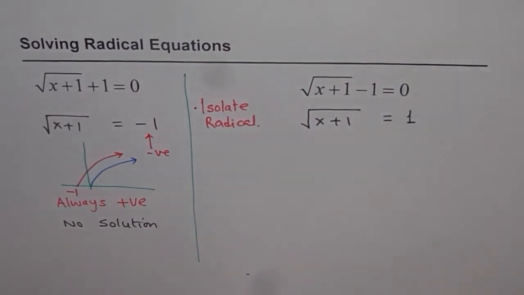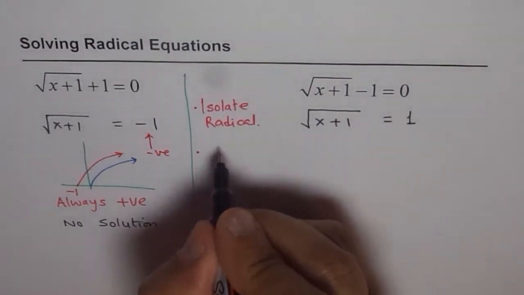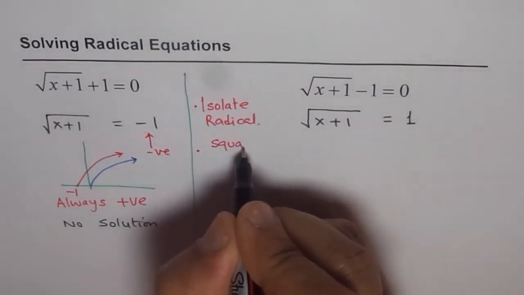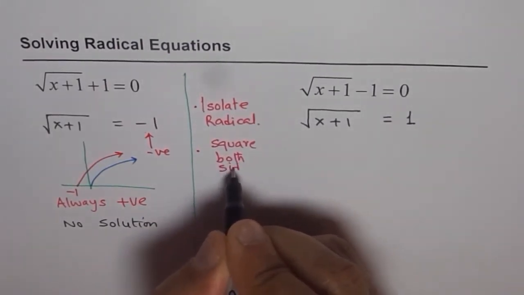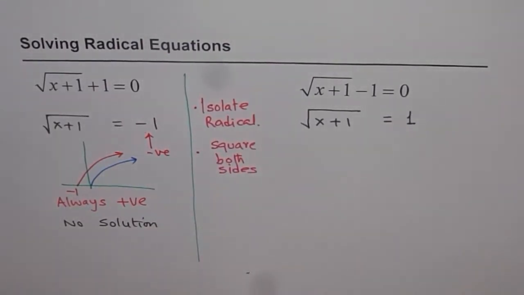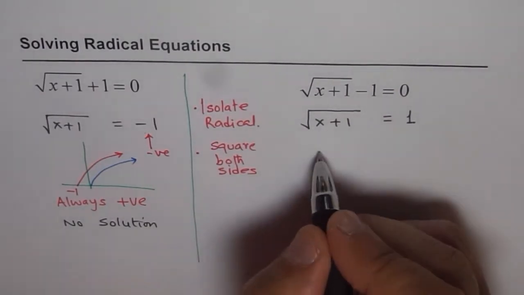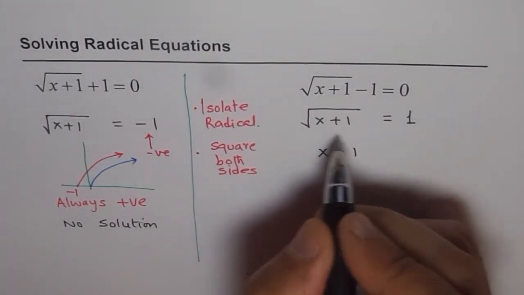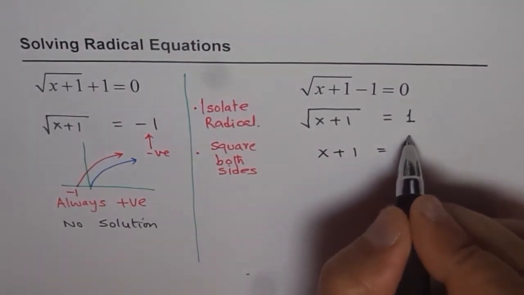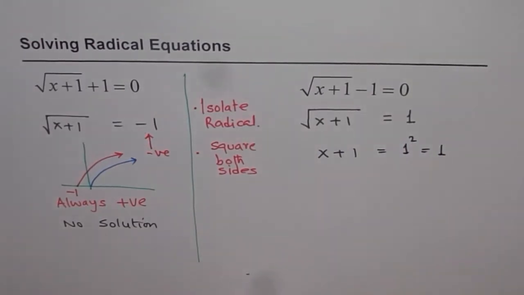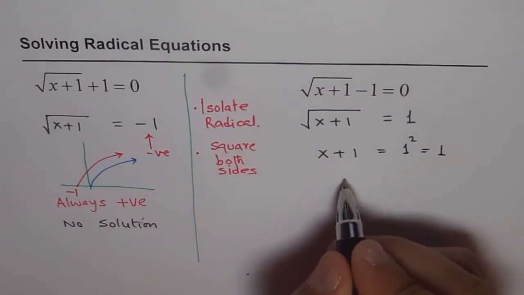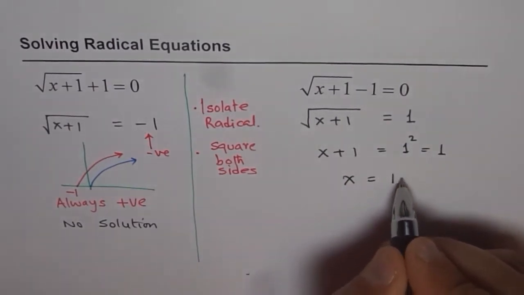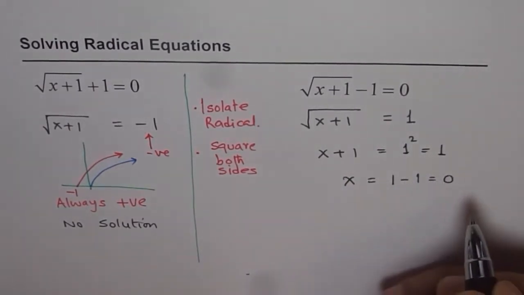And now to solve for square root, we should square both sides. So if I square both sides, I get x plus 1 on the left equals to 1 square, which is indeed 1, right? And now solve for x. So from here, x is equals to 1 minus 1, which is 0.